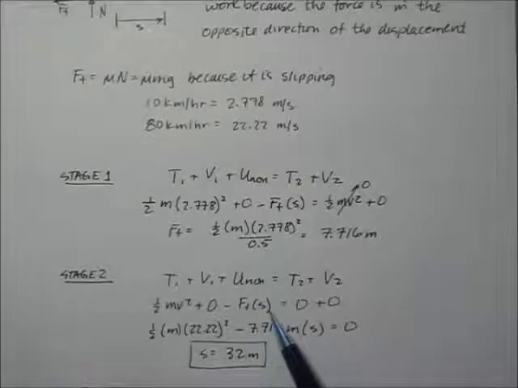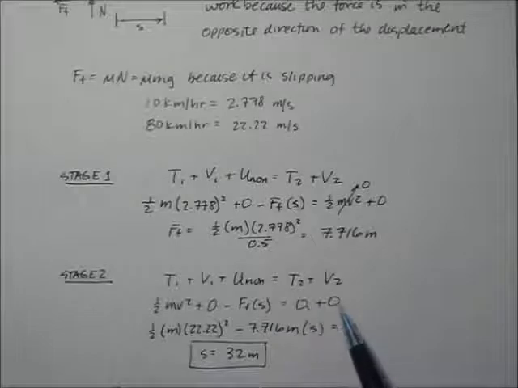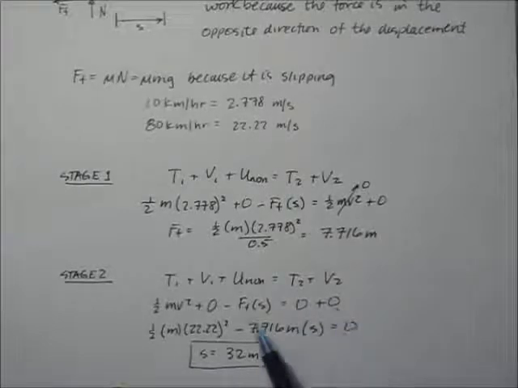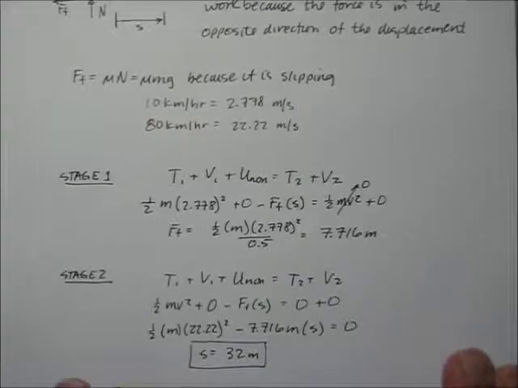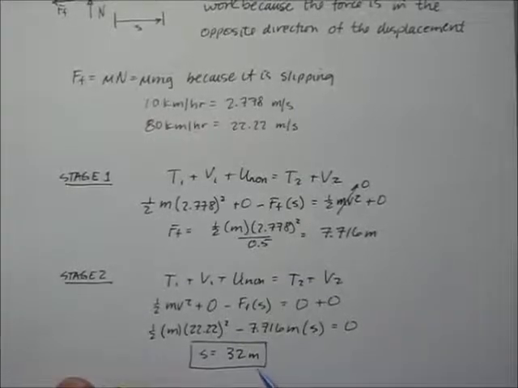So this is the distance I'm trying to solve for going at a higher speed. Again, I'm ending at 0 and ending at 0 potential energy. So again, I'll do 1/2 mv squared minus my force from up above, times distance s, and I can solve that for s, meaning 32 meters traveling at 80 kilometers per hour.